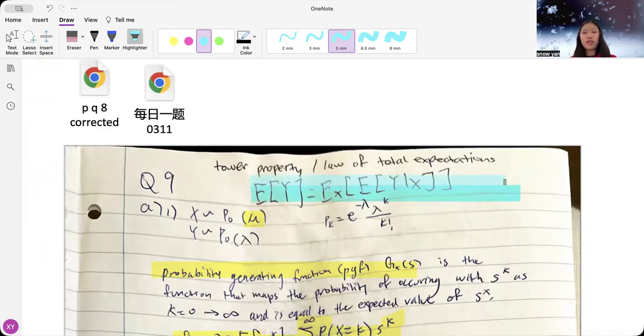The idea is that when we're trying to find y, and y is a random variable that depends on others, we can first find the expected value of y conditional on x. That's like first finding the average, and then we take another expected value. So we take the weighted average of the average. That's the idea behind the law of total expectations.